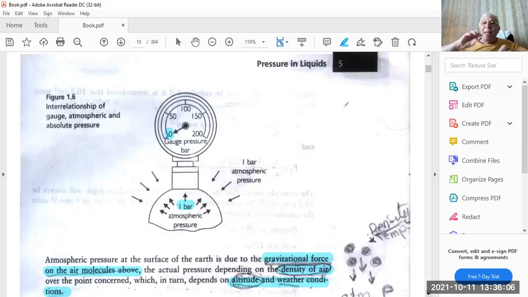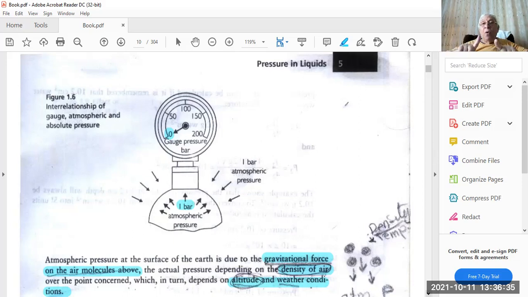Of course, I can remove this amount by sucking to yield really zero pressure. But really, whenever the gauge reaches zero, that means that there is only 1 atmospheric pressure inside the cylinder. Otherwise, if it is less, it can crack.